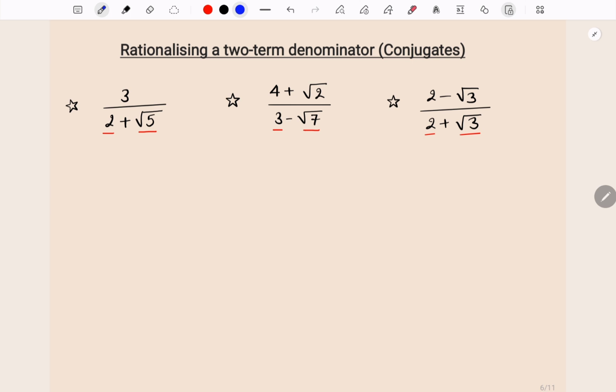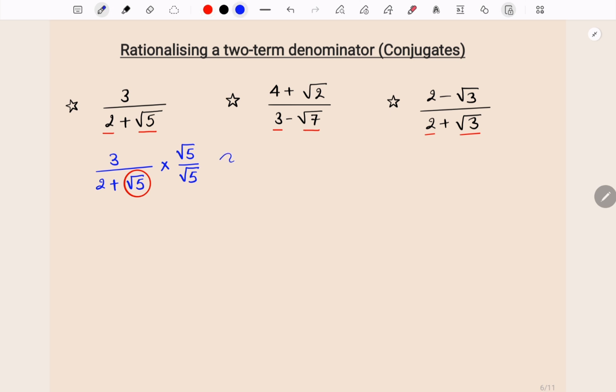Now let's take the first example. We have 3 over 2 plus root 5. Let's try to rationalize the denominator using the rule that we have learned so far. So according to what we have learned, I should multiply this fraction with root 5, top and bottom, right? Because root 5 is the surd present here. So let me see what happens.